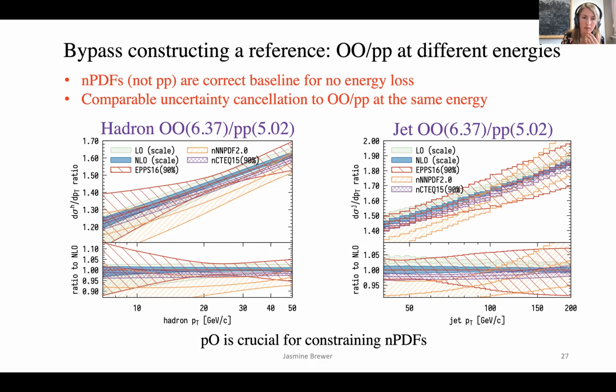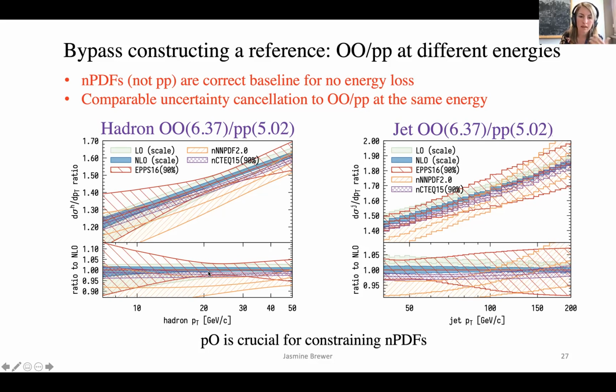But what's large and important for oxygen are the nuclear PDF uncertainties. And this is not specific to this mixed energy ratio, but is also the case for the ratio at the same energies. So essentially, with these calculations, the perturbative calculation of these mixed energy ratios is under quite good control.